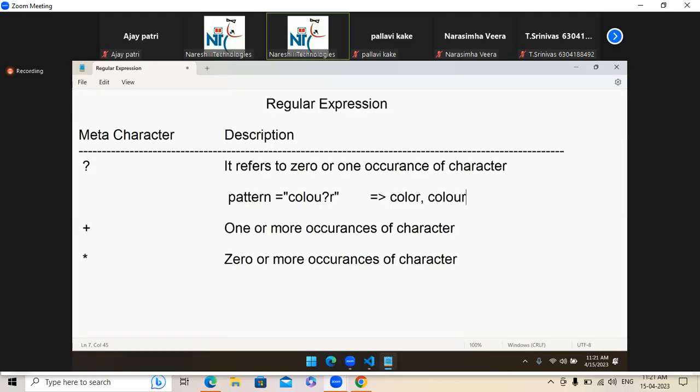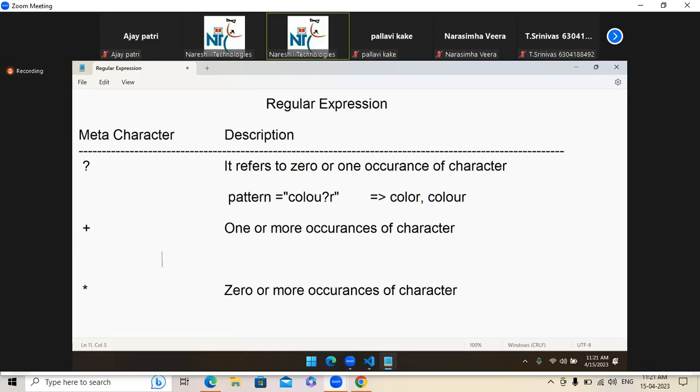And if it is the plus occurrence, we are writing COLOU plus R. This refers to COLOUR like this. Any number of occurrences can be there for U.